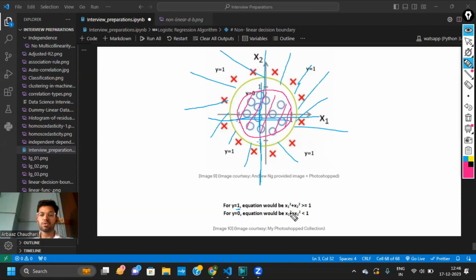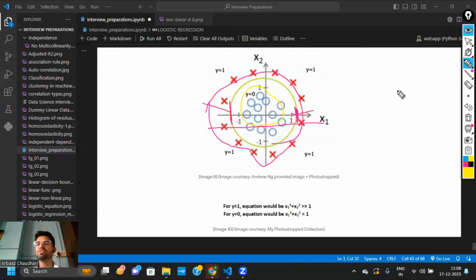So this is how you can read this equation. By the help of a circular decision boundary, we are able to classify the data points as a 1 class or a 0 class.